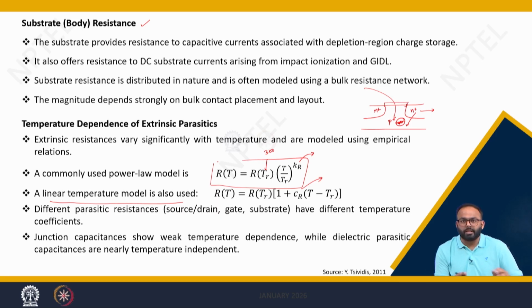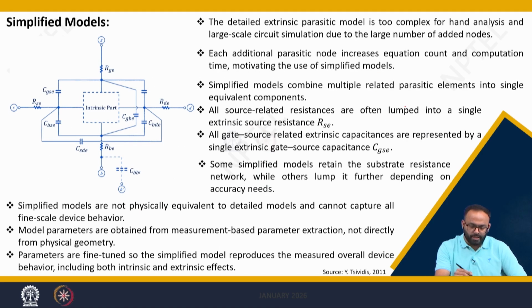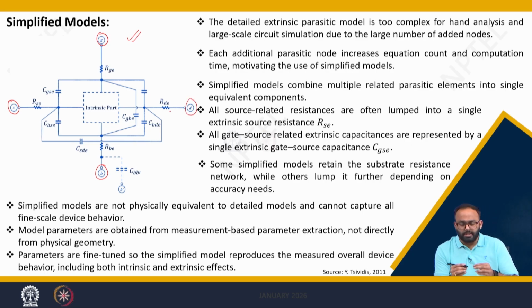Now, it is not easy to capture all these resistances and capacitances when you are using this device in circuit simulations, or in hand calculation, you require some simple models. That is where we can go for a simplified model, where we define all four terminals, which is nothing but gate, source, body and drain, and we find all possible resistances between drain and gate, and we find the equivalent resistance connected between these terminals and also the equivalent capacitances connected between these terminals.